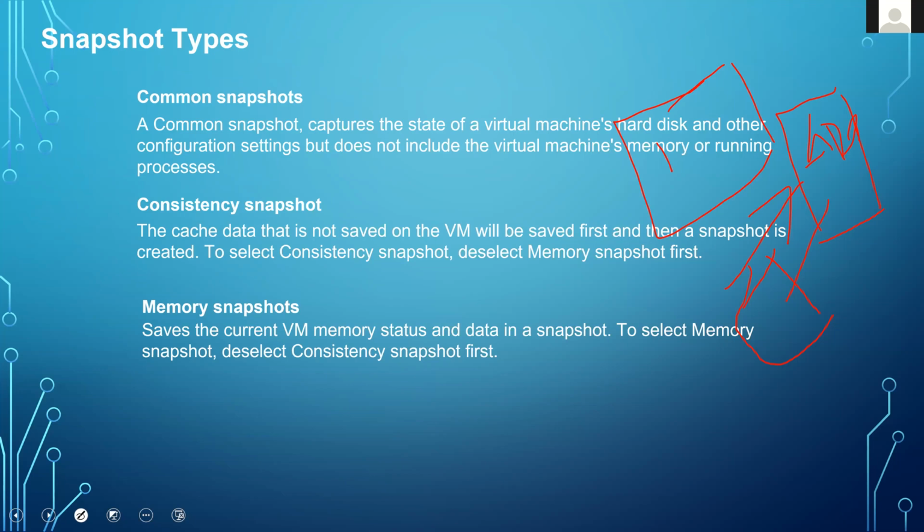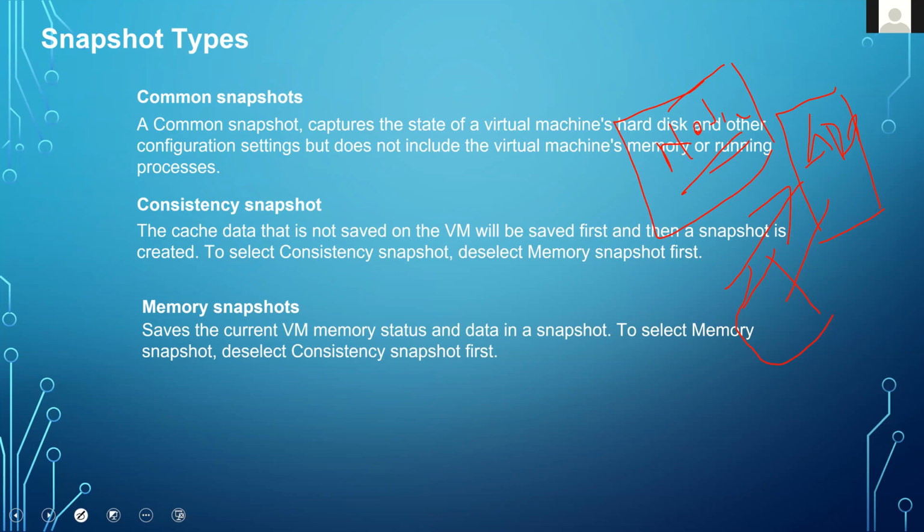You are running Notepad, you write something in it, you take a snapshot and then restore it. You will get the same interface, and you will see what you wrote in Notepad as well. We will test it in the lab. So you will get all the content in the memory. Your memory information is also saved on the disk, so whenever you restore it, you will get the same thing again.